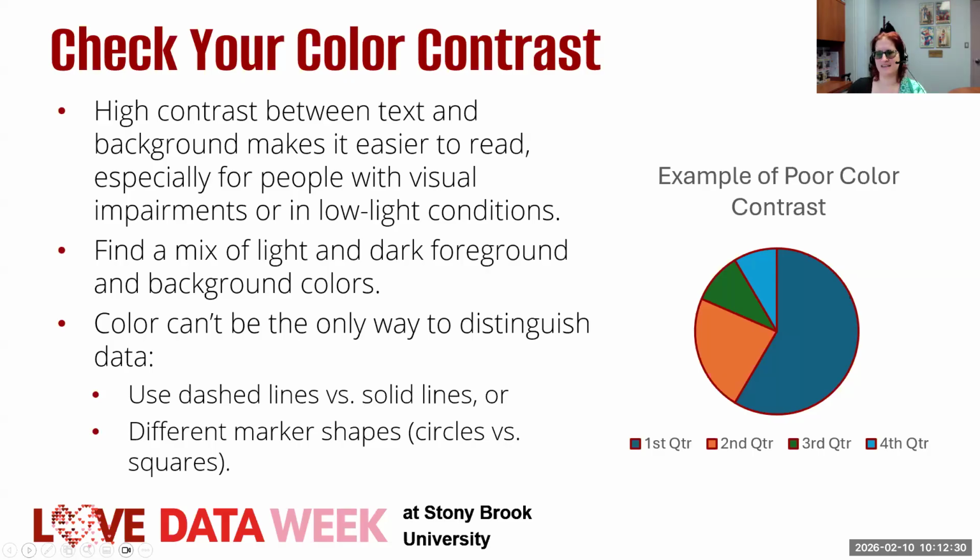By adding circles, squares, hash marks, some type of dash within the chart, I'm better able to determine what is what. Or better yet, I could add direct labels inside each of those sections of my pie chart, indicating this is quarter one, this is quarter two, this is quarter three, this is quarter four, avoiding the legend altogether and having the actual numbers rather than just slices of the pie where I have to guess, is that 1% or 2%?